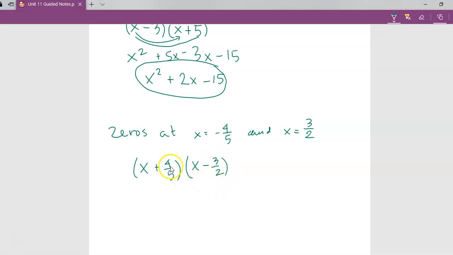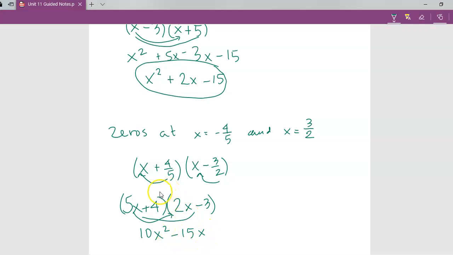Okay. But that's going to be kind of a nightmare to multiply those fractions. But remember our little trick, if we have a number under here that doesn't go in evenly, then we can move it in front of x. So this would be the same as 5x plus 4 times 2x minus 3. And now we can go ahead and multiply this out to get that in standard form.